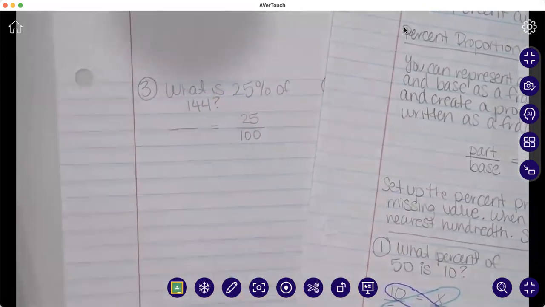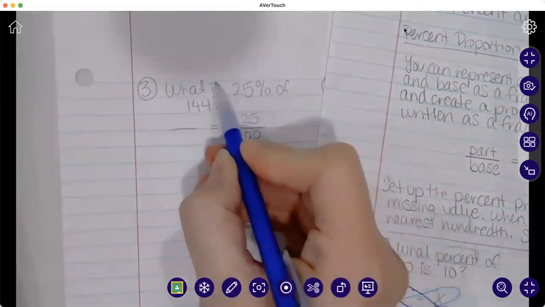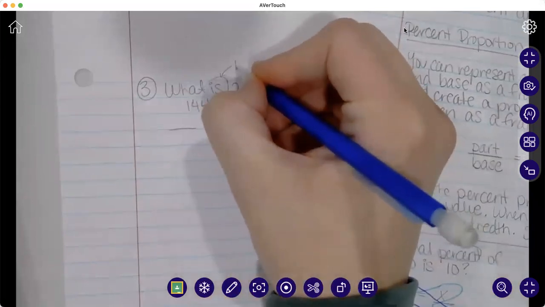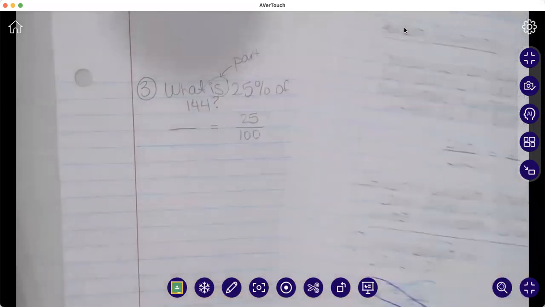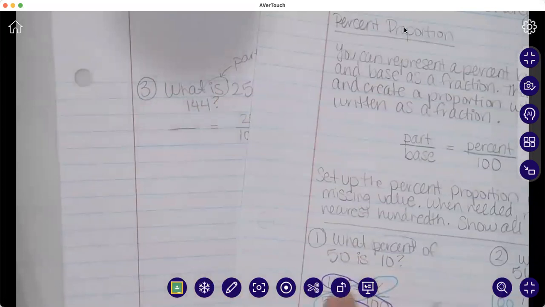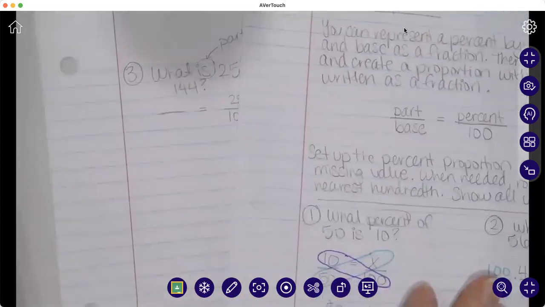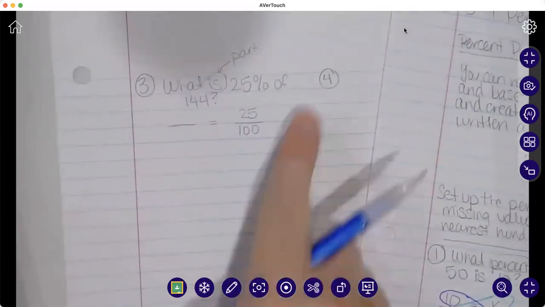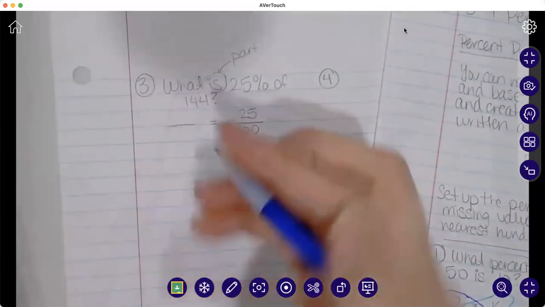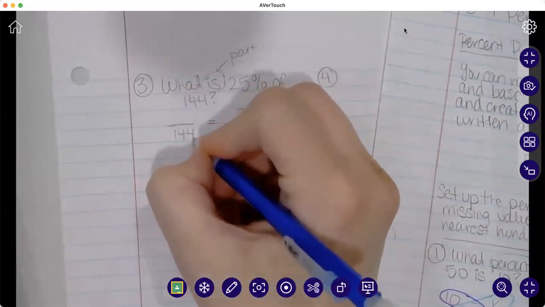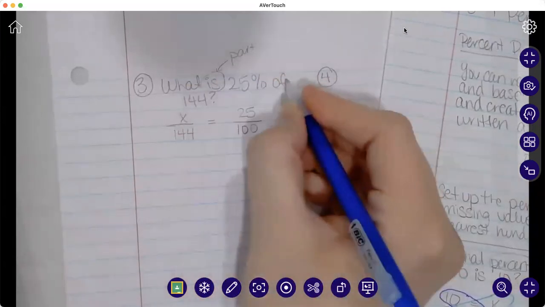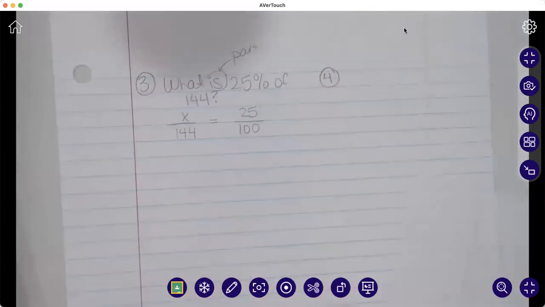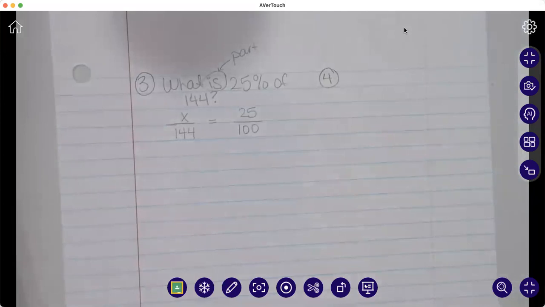Well, that actually helps us because when it's asking about is, it's referring to the part. Okay, because as you can see, the is 10 was the part of this problem. And the of 50 was the base, which helps us here because the of 144 is also going to be the base. So the is, of, and percent help us learn which parts of the percent proportion we're setting up.